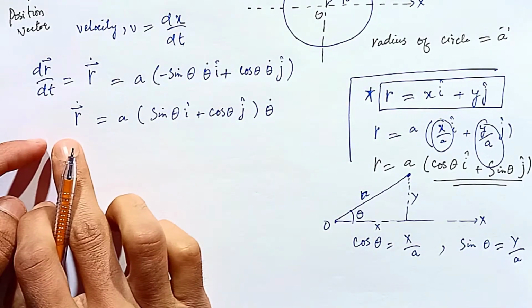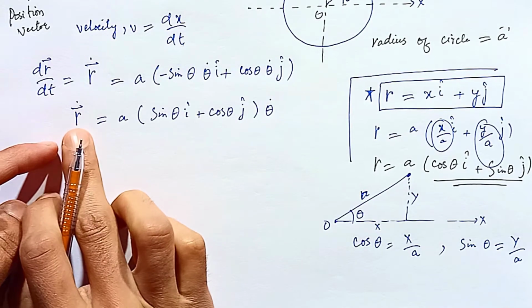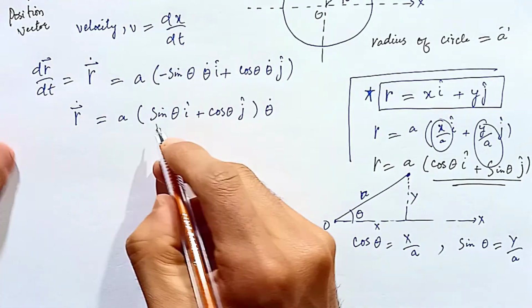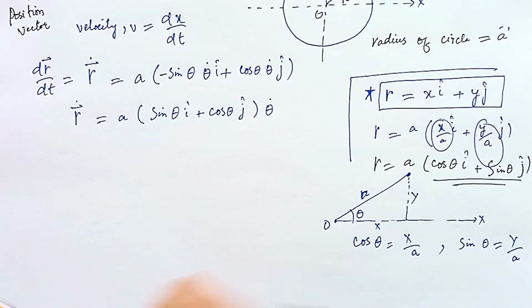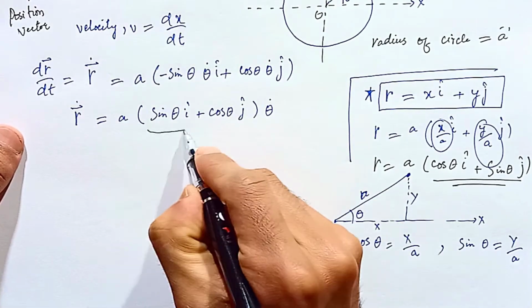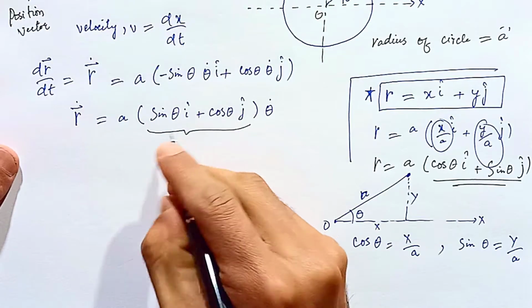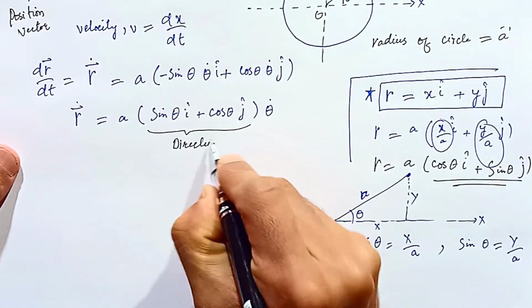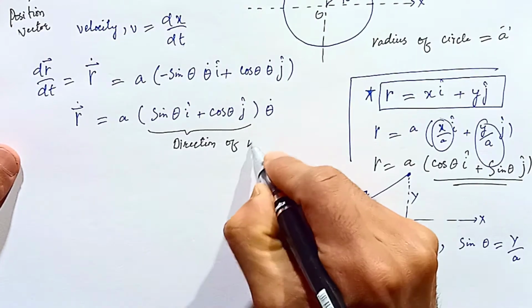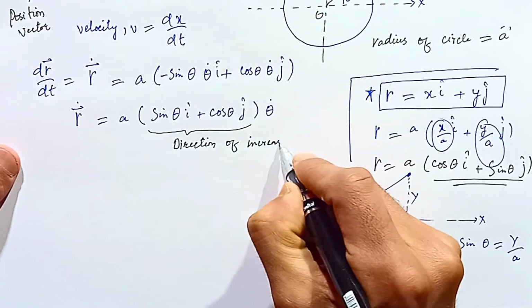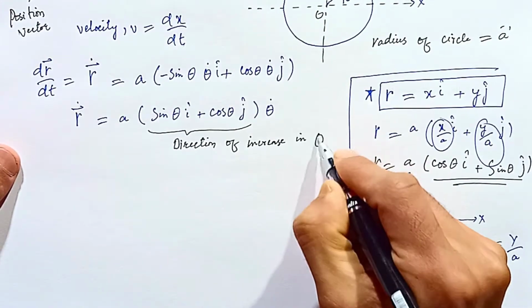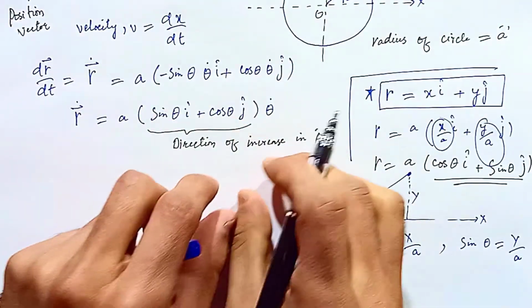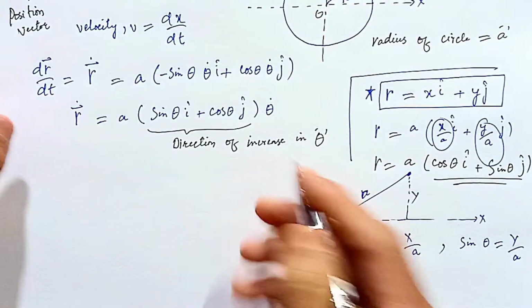So this will give the velocity of this particle along the circular path. You have to remember that this gives the direction of the increase or decrease, whatever the case may be, in theta, that's the angle. This gives the direction of the change in theta.